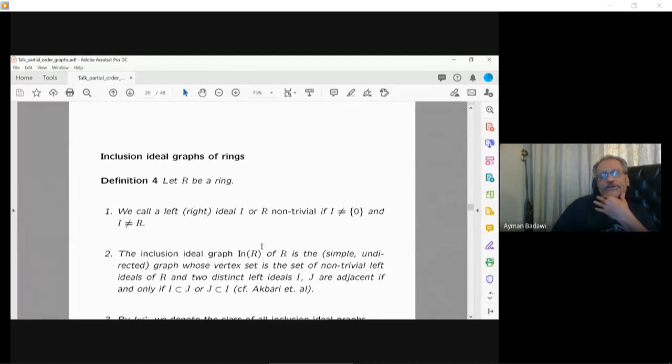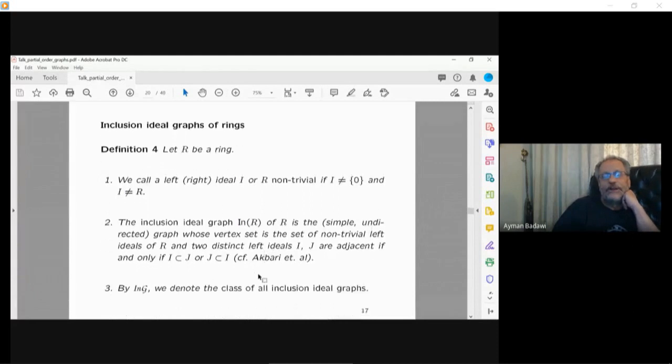It turns out that in the inclusion graph, the set of vertices is the set of proper left ideals. And how do we connect them? Well, we connect two vertices if I is inside J or J is inside I. This definition is given by Saeed Akbari.